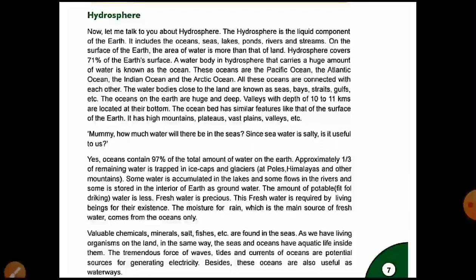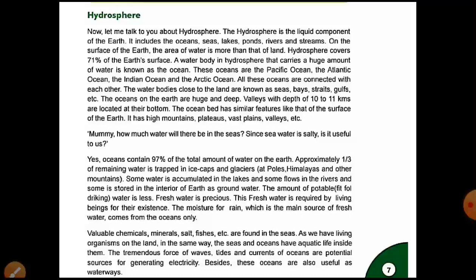The tremendous force of waves, tides and currents of oceans are a potential source for generating electricity. With the help of waves, tides and currents of oceans we can generate electricity.